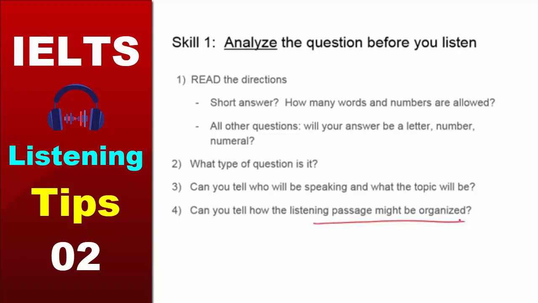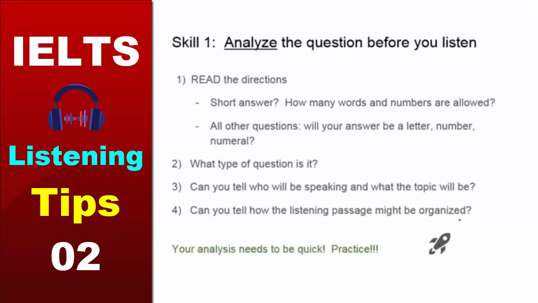Questions 1, 2, 3, and 4 will appear on the map, and you know that questions in the listening paper always come in order. So just very quickly, by looking at the map and how the questions are organized on it, you can guess the structure of the passage you're about to hear.